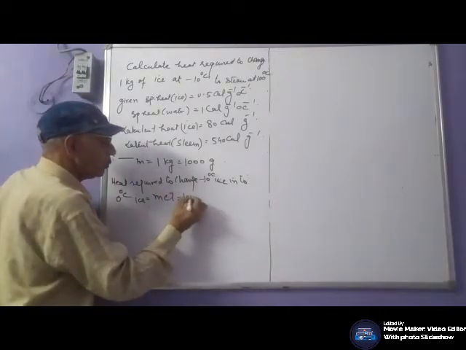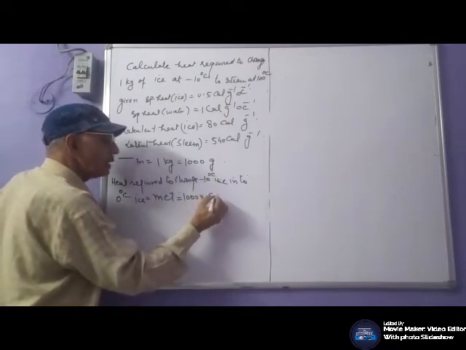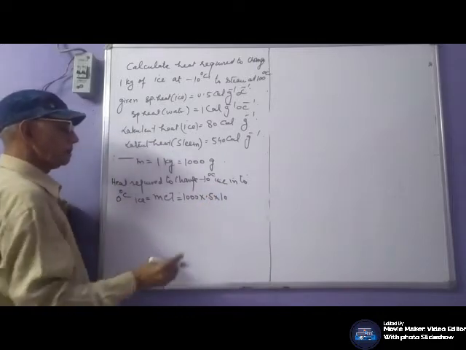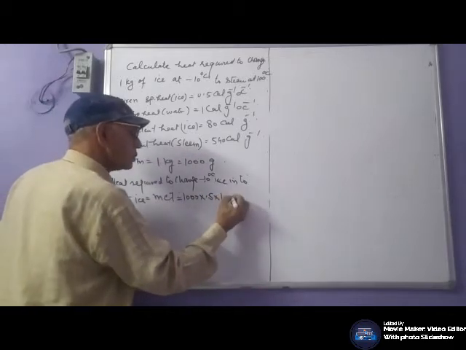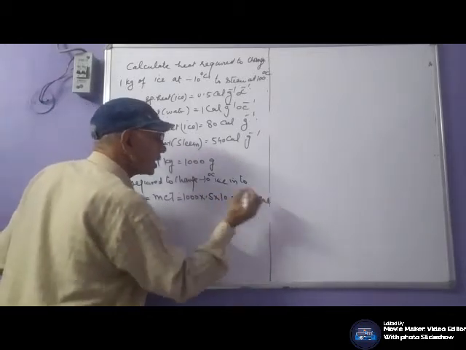M is 1000, C is 0.5 for ice, T the falling temperature is 10, so this much calories.